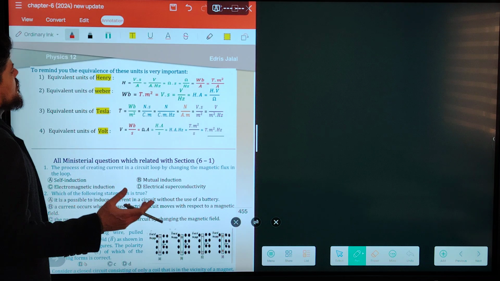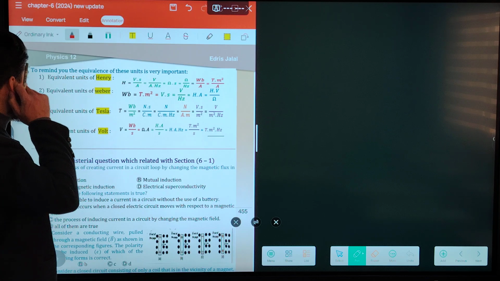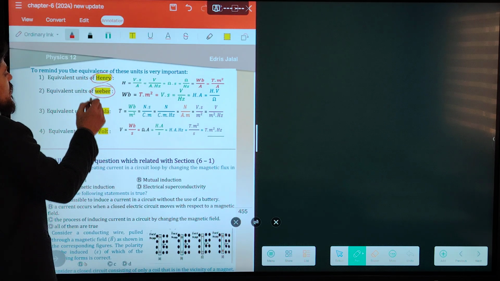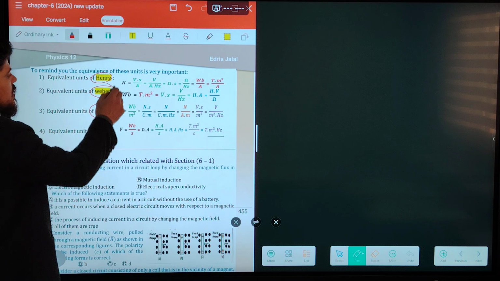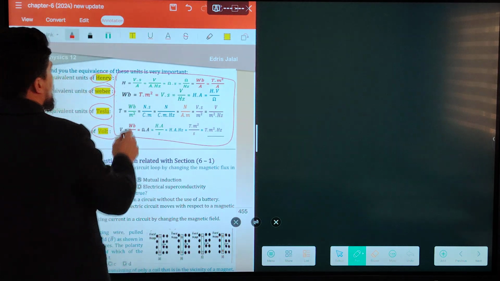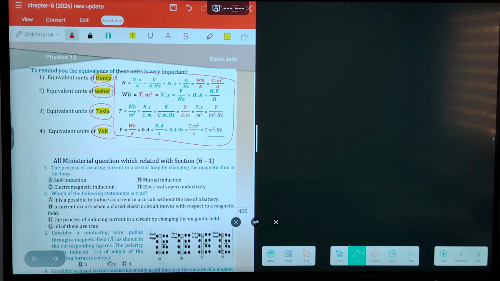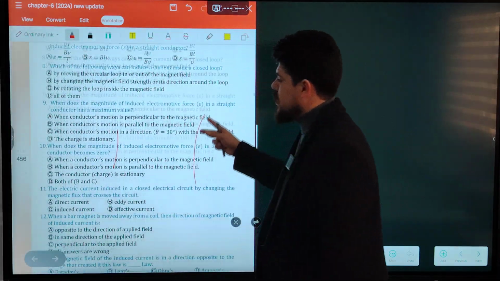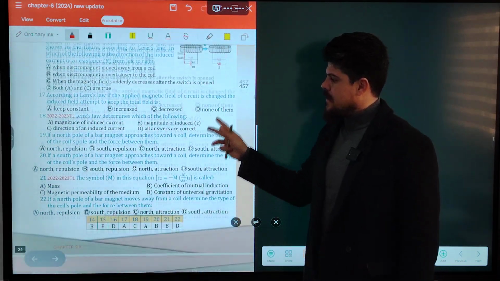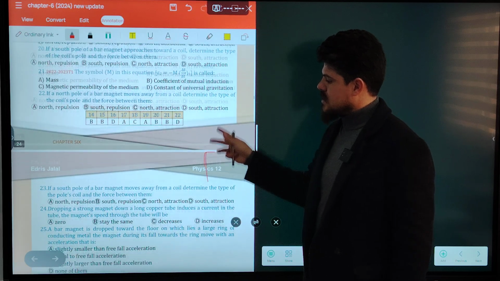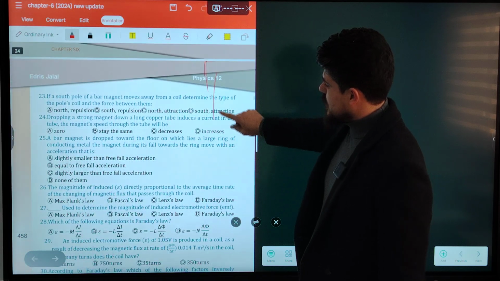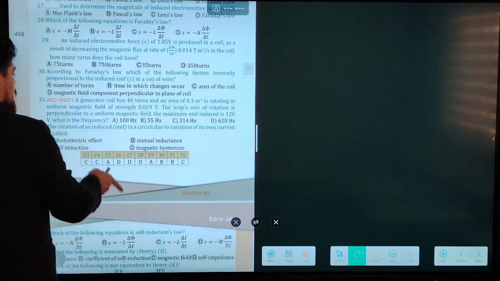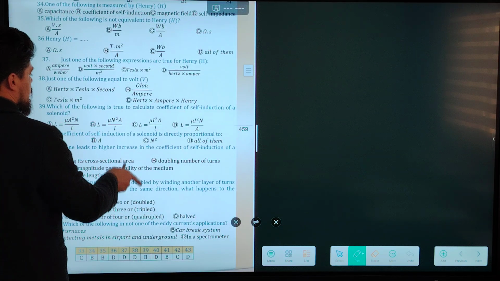So to remind you of the equivalence of the units, it's very important, like the equivalence of Henry, Weber, Tesla, Volt. These equivalents are very important. Pay close attention, please. Let's go to section 2 in chapter 6, about generator, motor, and mutual inductance.